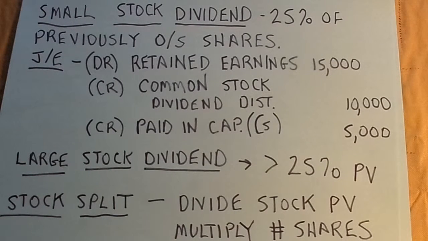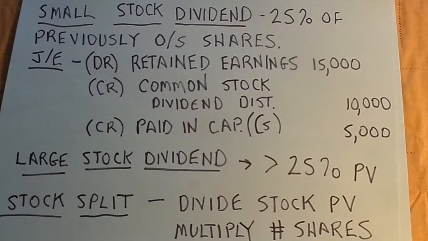But the reason I'm calling it legal money laundering is that when you debit retained earnings, you reduce the amount of the corporation's equity that an owner would have to pay a dividend on, or dividend tax on, if they received it. So you might have heard the expression dividends are taxed twice, taxed very heavily. This is true. And the small stock dividend causes smaller taxation on the dividend.